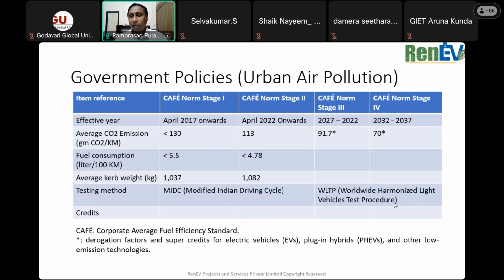So slowly, as you can see, the performance of the ICE engines is increasing, and the mix of vehicles available in the market is also different compared to 10 years before. 10 years before, we did not have electric vehicles or strong hybrids. We used to have LPG fired cars, but nowadays you can find even CNG, compressed natural gas cars, available in the market.